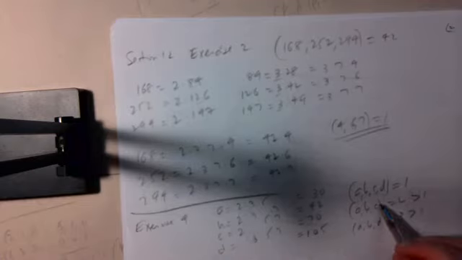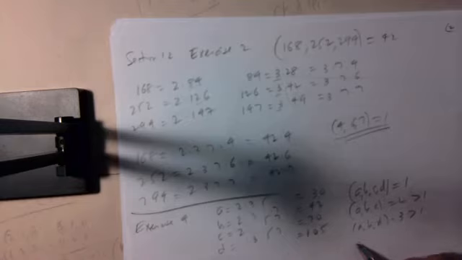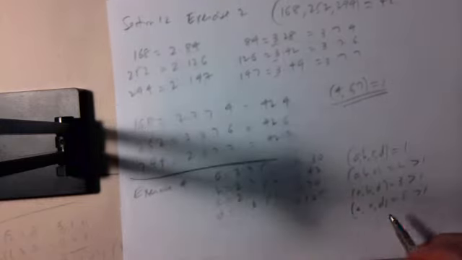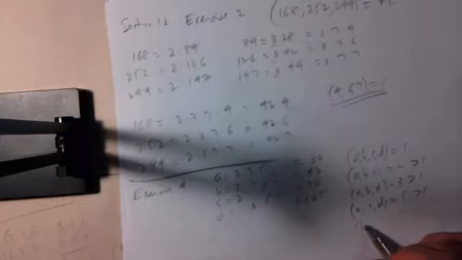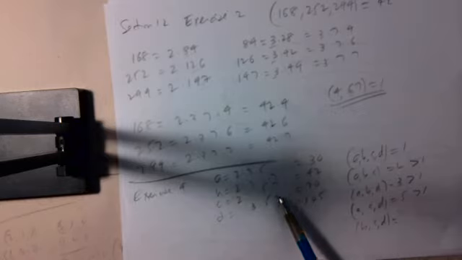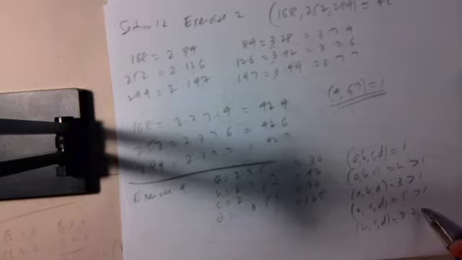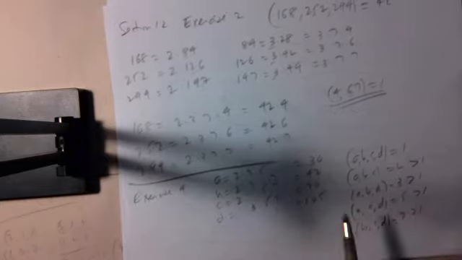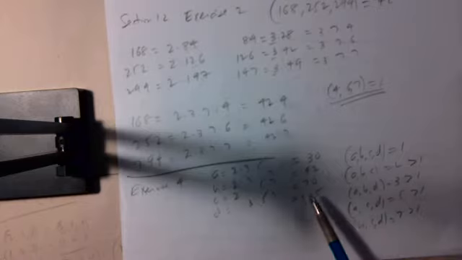So leave out D, leave out C, leave out B, A, C, and D. The greatest common divisor of A, C, and D is 5, which is bigger than 1. And if I leave out A, the greatest common divisor of B, C, and D, these are all divisible by 7.